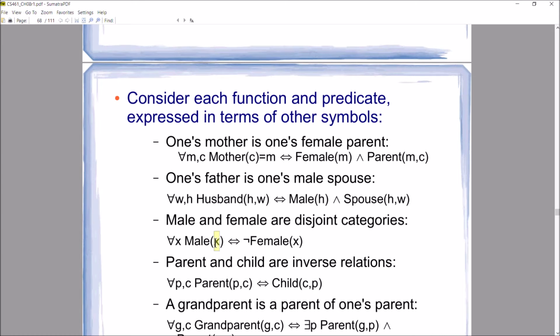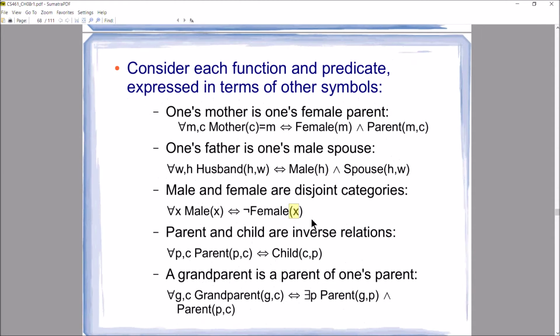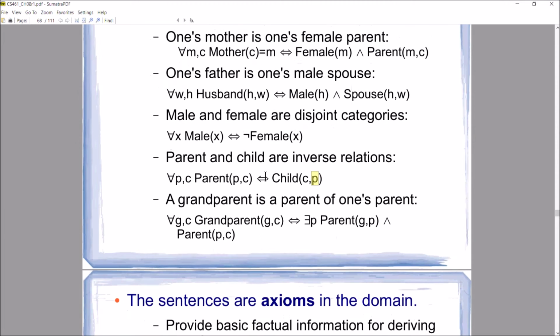That object is male if and only if it's not female. Parent and child are inverse relations for all entities P and C, right? We can say that P is the parent of C if and only if C is the child of the parent. Okay?